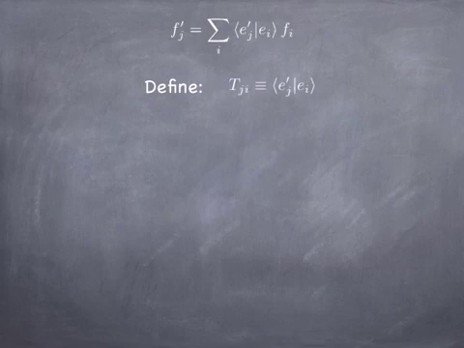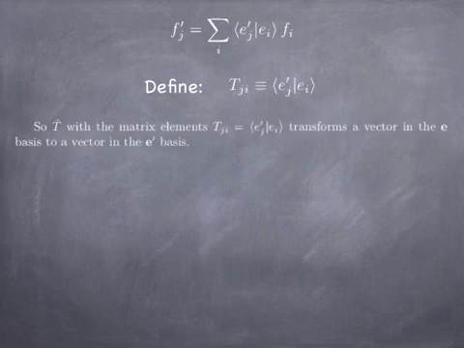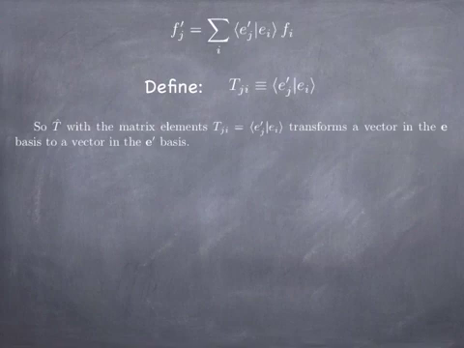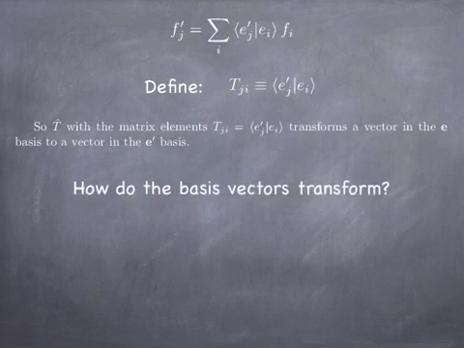If we define the inner product of e_j prime and e_i as the matrix elements of a transformation called T, we can write the change of basis as just a kind of transformation. It transforms vectors in the unprimed basis to vectors in the prime basis.